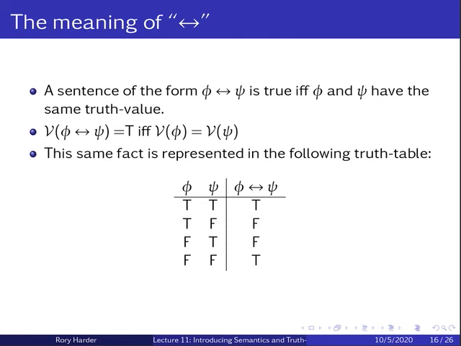And again, we can represent the same fact in the following truth table. So in the cases in which both phi and psi are true, the entire biconditional is true. In the case in which both phi and psi are false, the entire biconditional is true. And in the other cases, phi and psi have different truth values, so the overall biconditional is false.